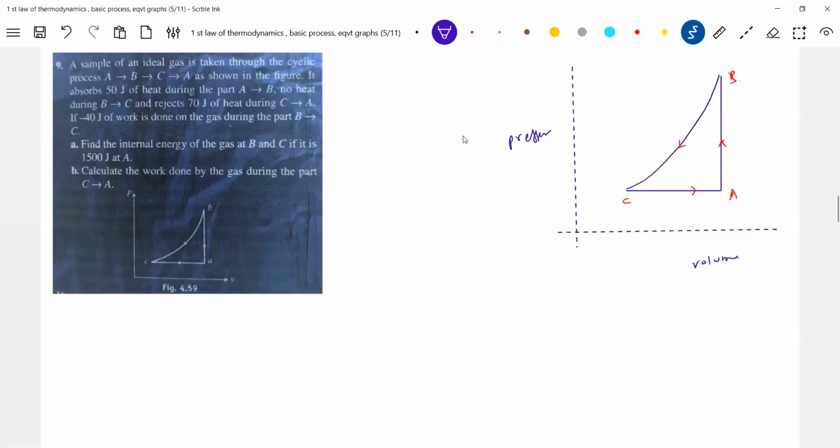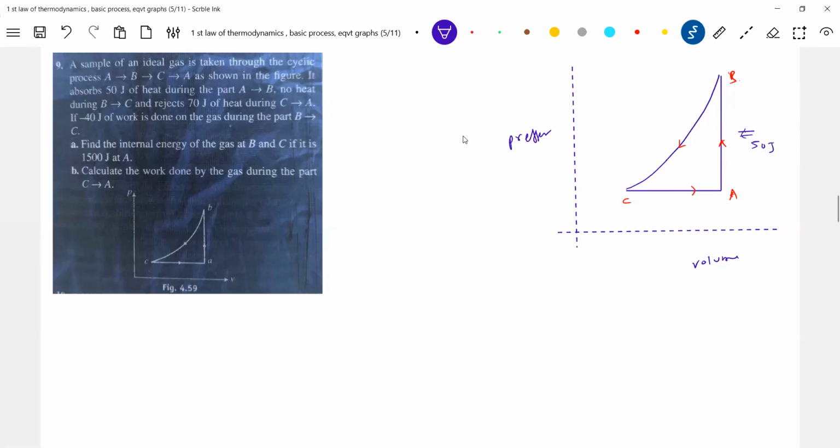It absorbs 50 joules of heat during part AB. Absorbs means what you're going to write? It will absorb 50 joules in the part AB. Write it nearby: 50 joules, it will absorb.